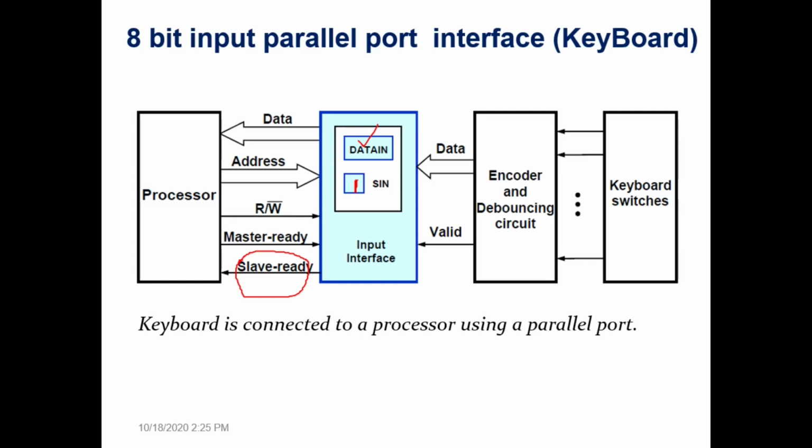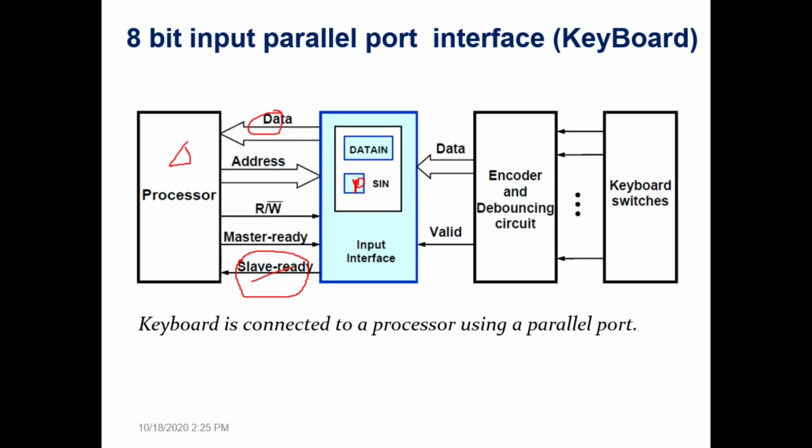Now when the slave ready signal is high, the processor reads that data from the buffer using the data bus or data lines. Once the data is read from the data buffer, the data buffer is cleared and the SIN value is made 0.